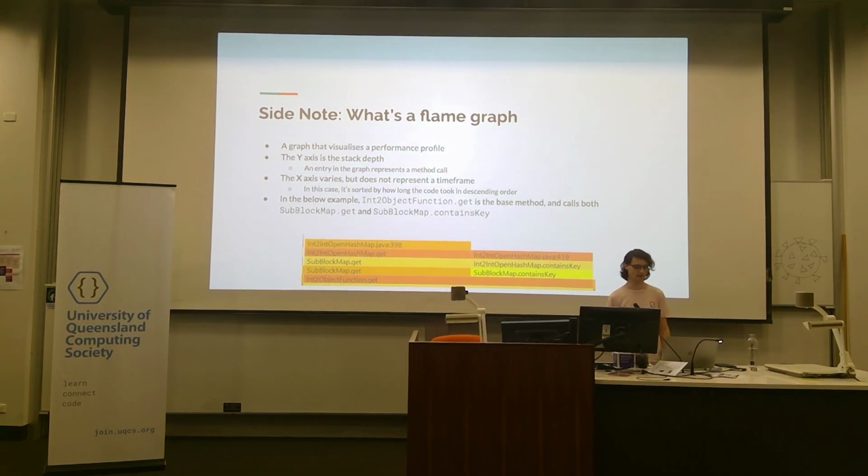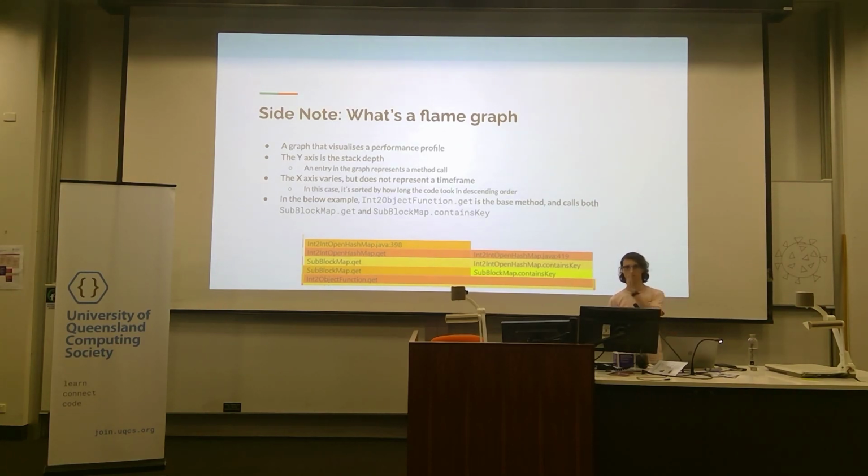Just a quick thing. A flame graph, which I'm going to use very soon, is a graph that visualizes a performance profile. The y-axis is the stack depth, so methods that call other methods. And the x-axis is, in this case, how long the code took, in descending order.